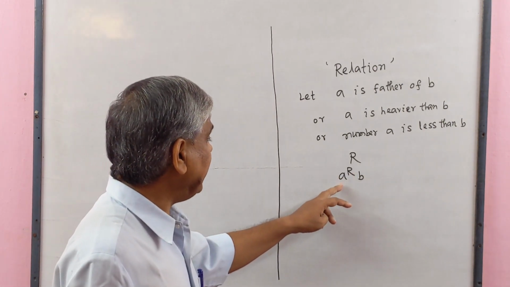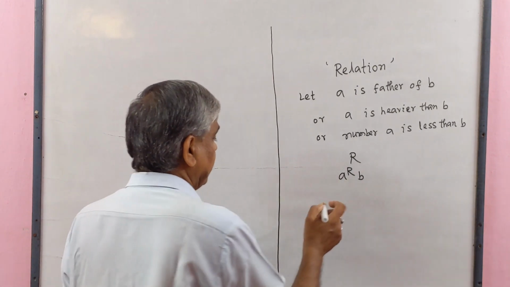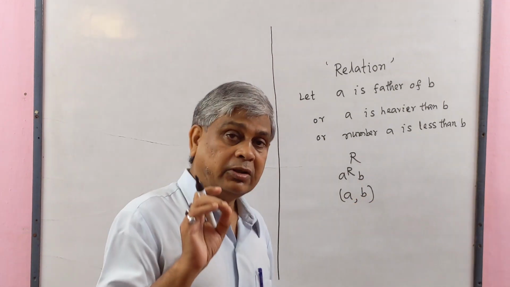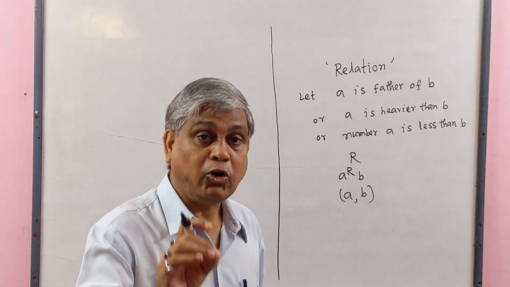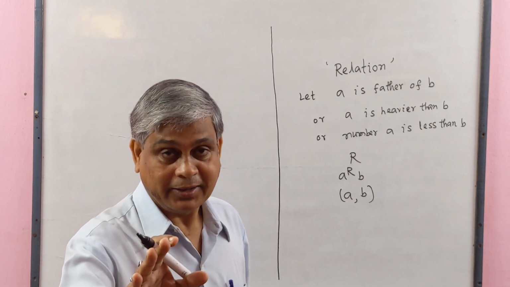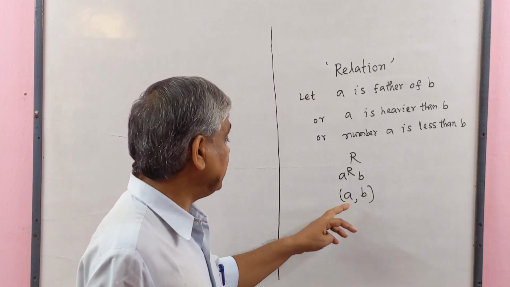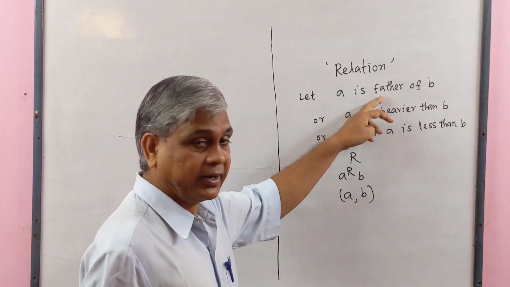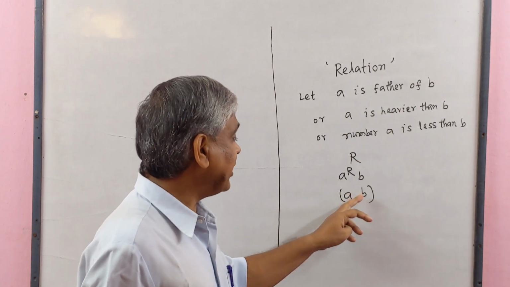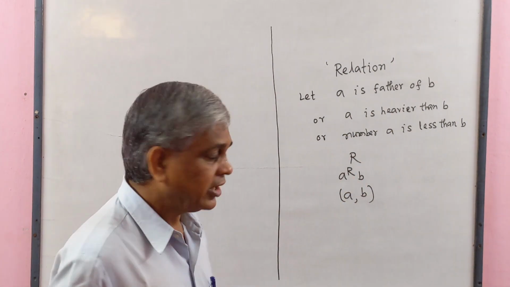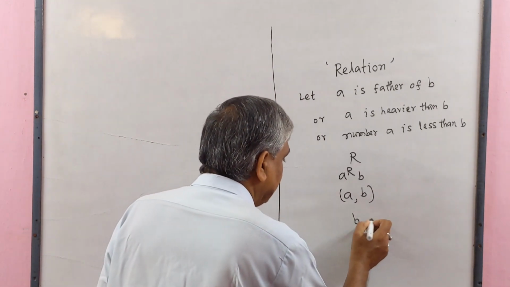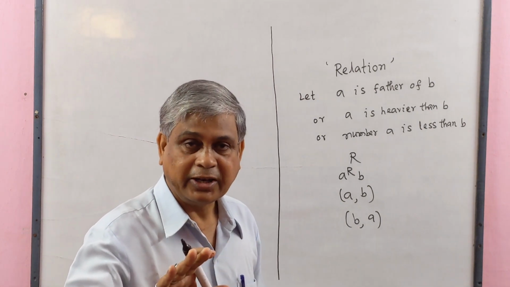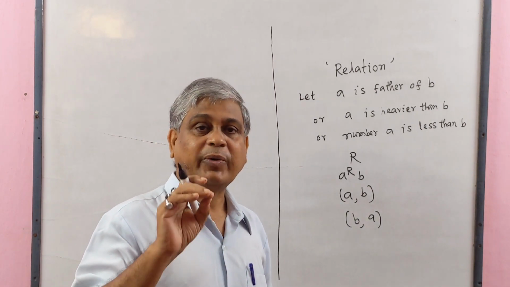We may also write this as an ordered pair. This is an ordered pair. Why do we use the term ordered pair, not pair? Because if A is related to B by the relation father, that means A is father of B, and if we write BA, then B will be the father of A, which is not correct according to our assumption.